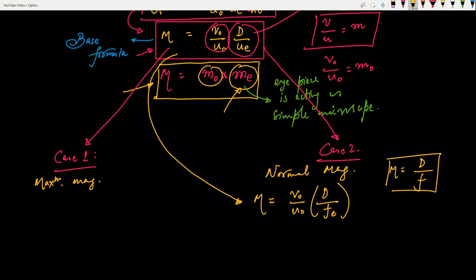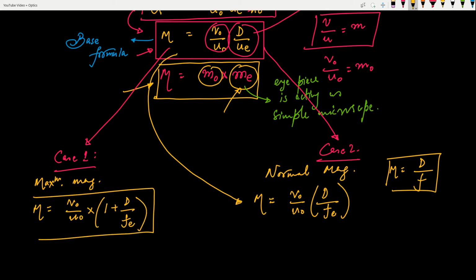Whereas for maximum magnification, we know that m will be V0 by U0, the magnification of the objective, which we won't touch, multiplied by, see, this eyepiece is acting as a simple microscope, and we know that for a simple microscope, maximum magnification occurs when the final image is produced at the distance of distinct vision. We used the lens formula and derived in our earlier case that maximum magnification for a simple microscope is 1 plus d by FE.